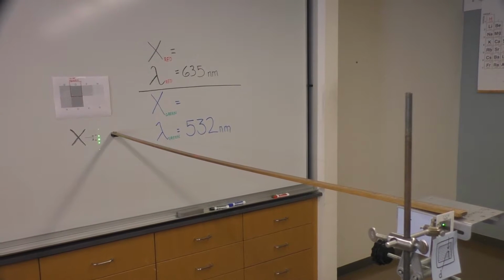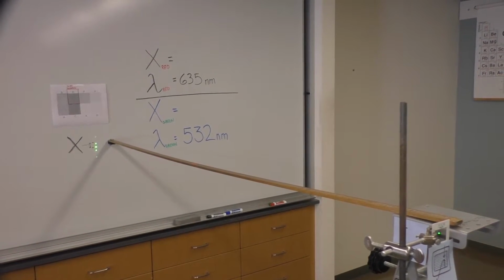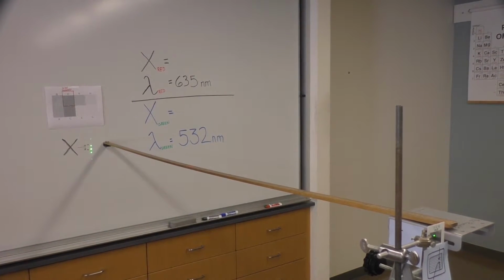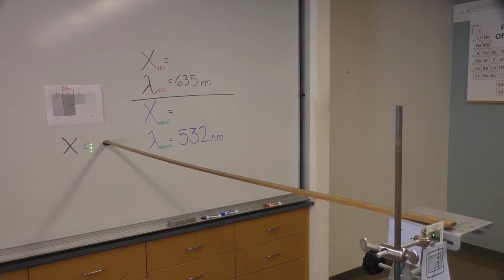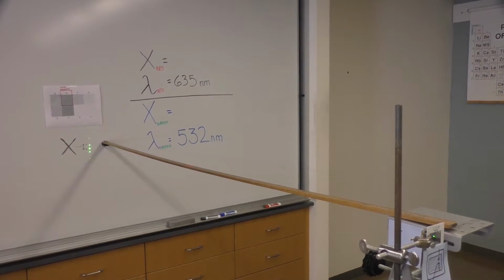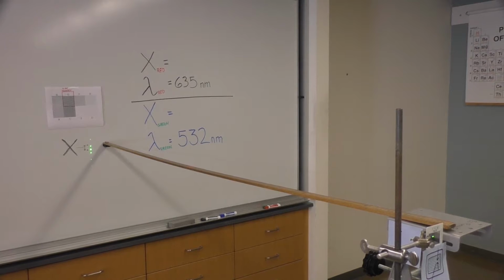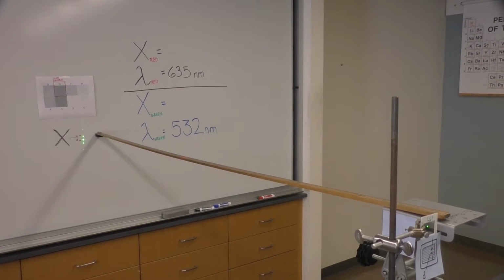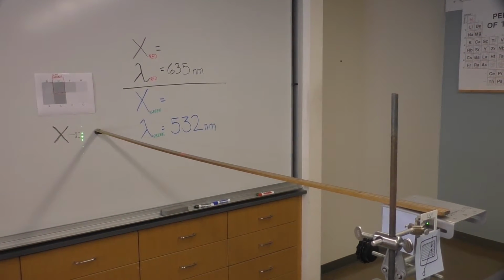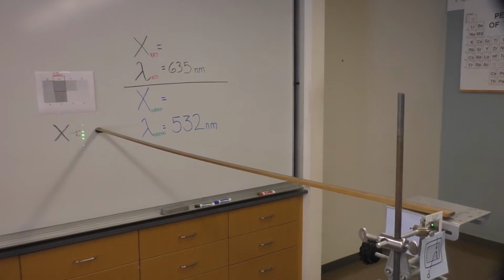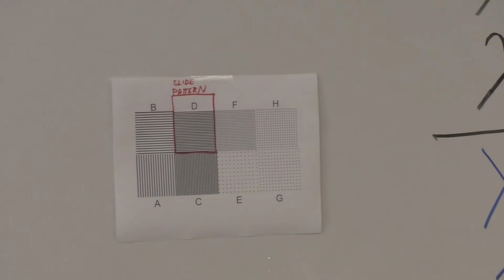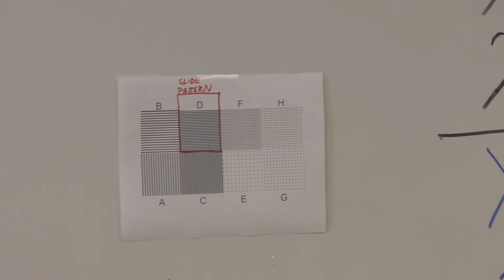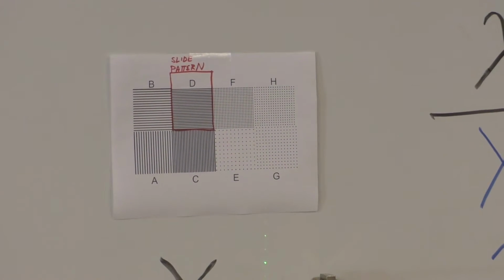In experiment 6, we're going to look at the relationship of changing the wavelength of the laser light on the diffraction pattern spacing X. And so we're going to keep all other parameters the same. Our length from the screen to the slide is still 200 centimeters, and we're still shining through pattern capital D on the slide.